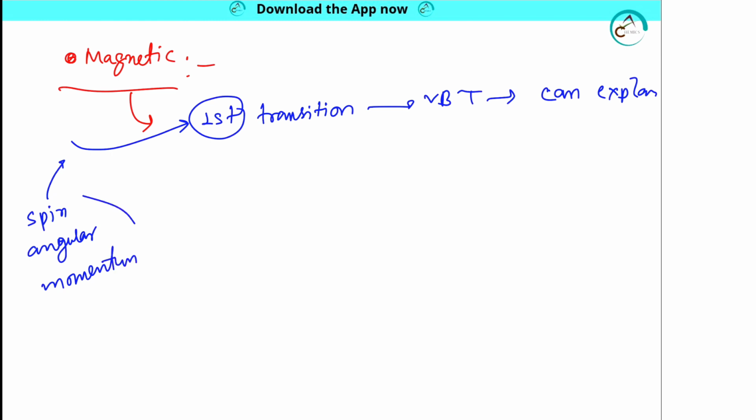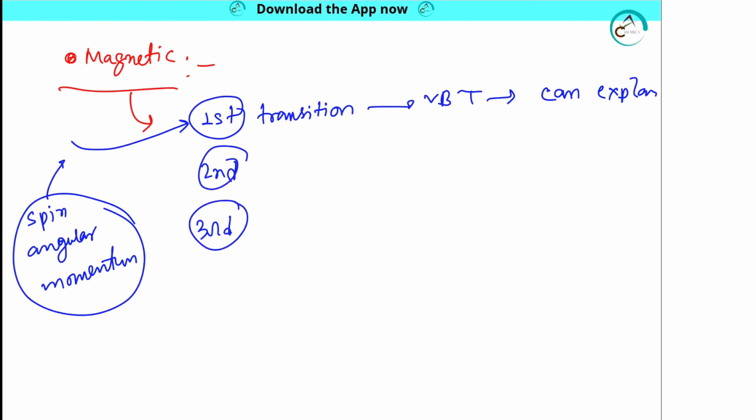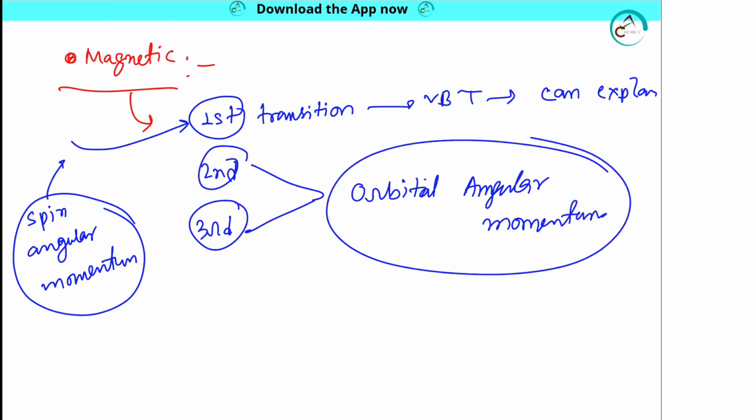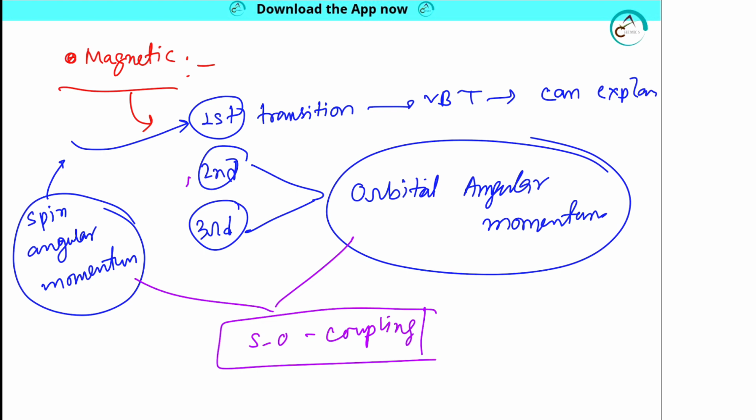But for the second and third transition series, we should add another term, that is orbital angular momentum. That means for second and third, we get another term that is called spin orbit, SO coupling. But from VBT theory, we cannot explain spin orbit coupling.